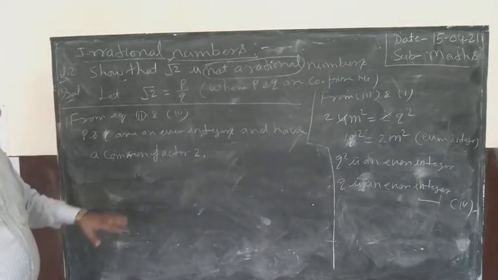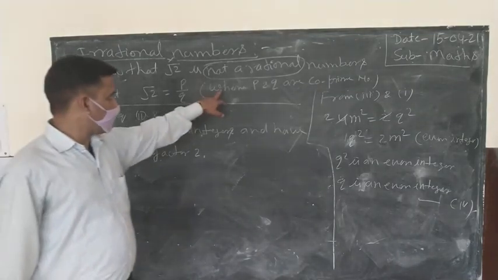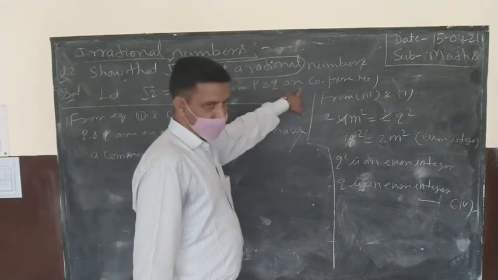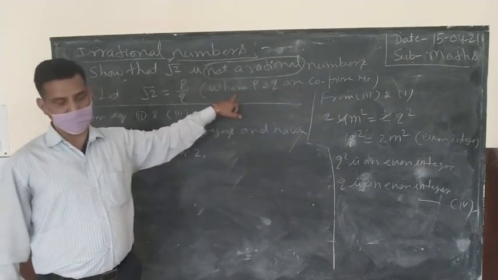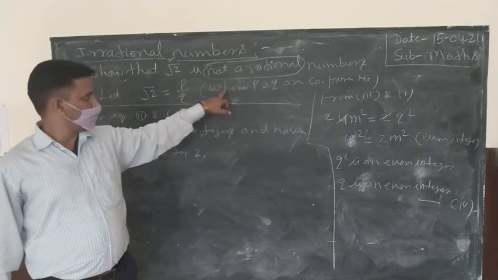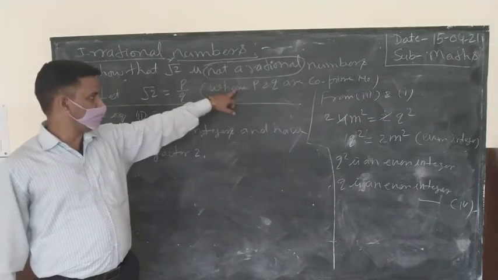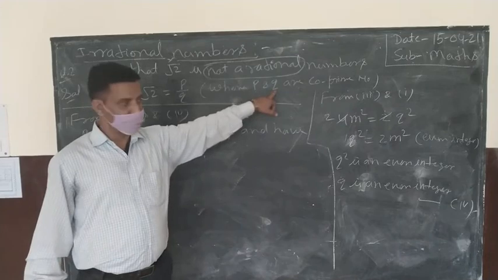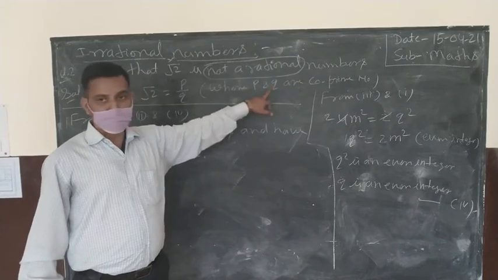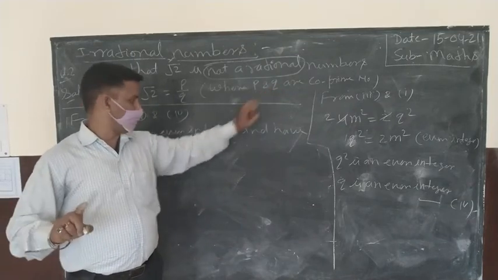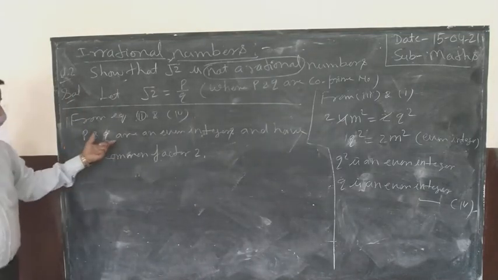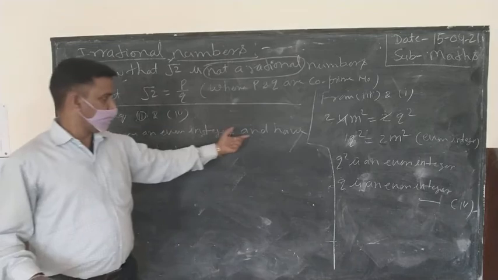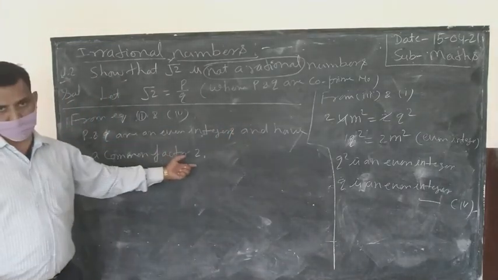Now look here, the fact given here is that p and q are co-prime, and you know that co-prime numbers do not have any common factor. But the result that comes here is that p and q are even integers and have a common factor 2.